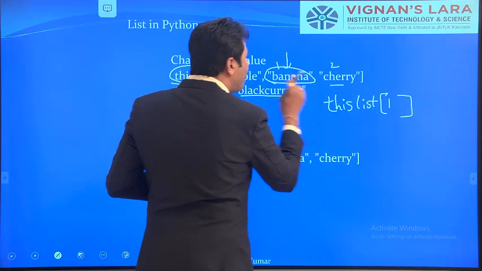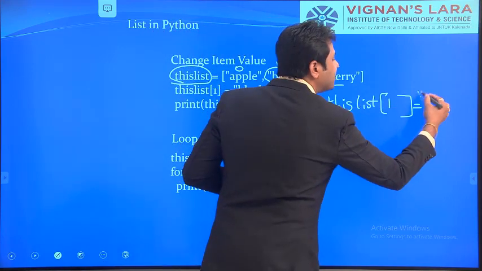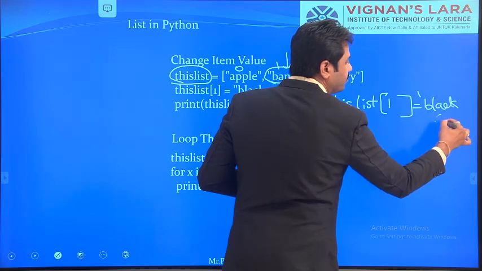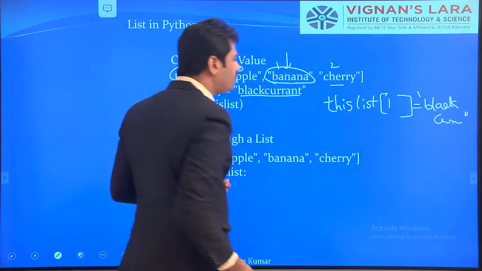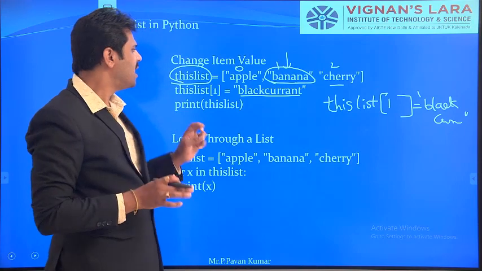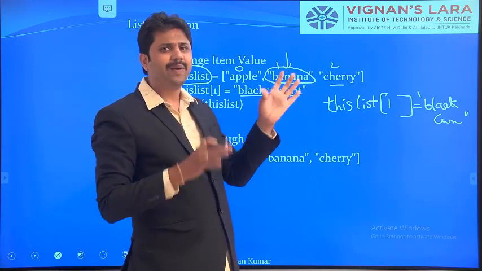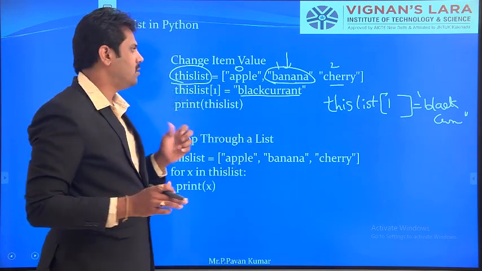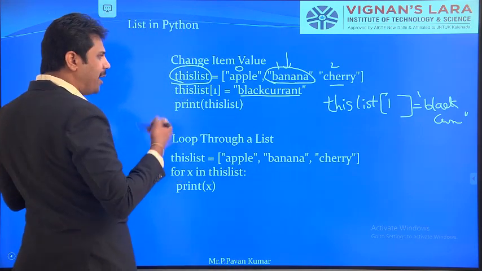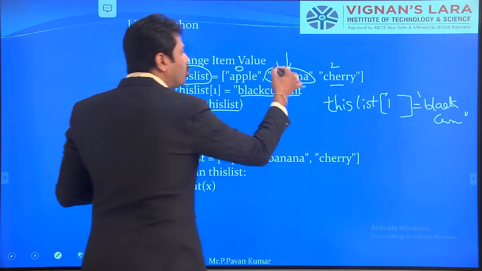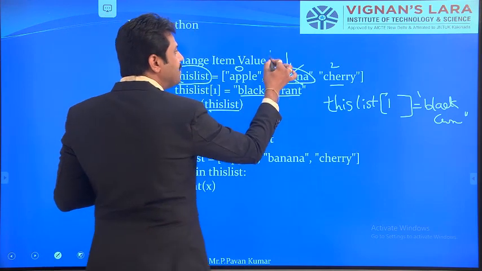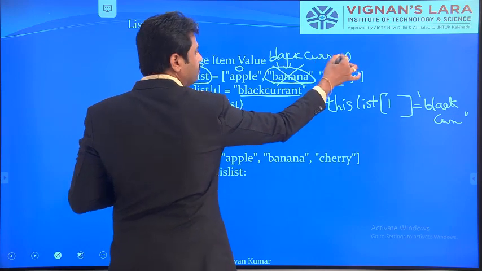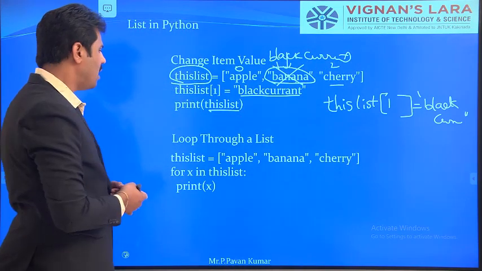This list of 1 equals blackcurrant. Simply if you write like that, this banana is going to be replaced with this blackcurrant. After that, if you print this list, you don't have banana; it is replaced with blackcurrant.